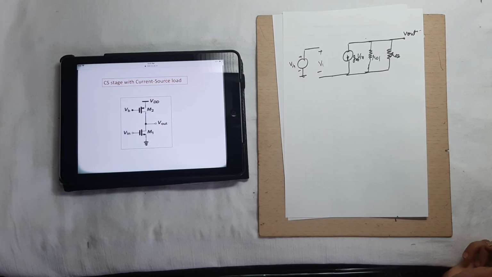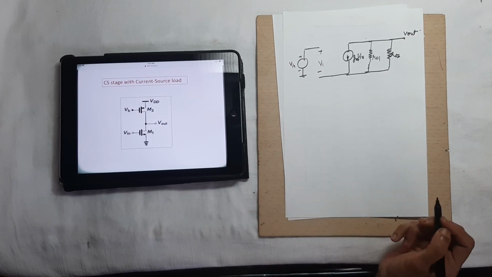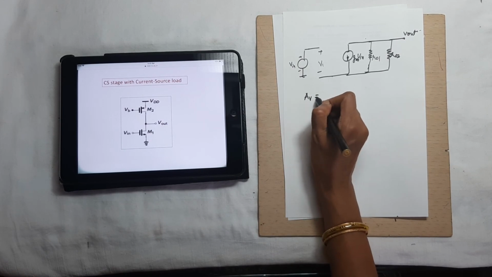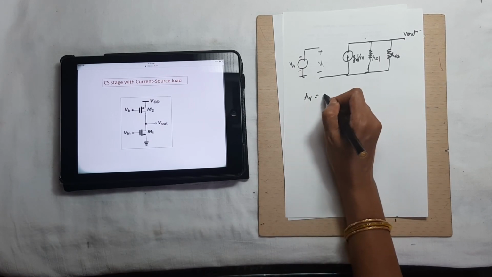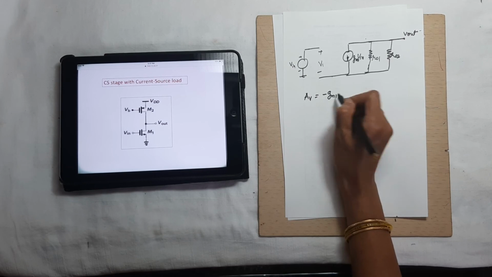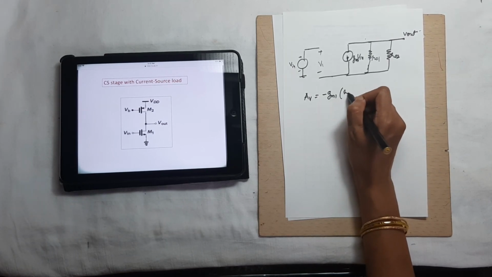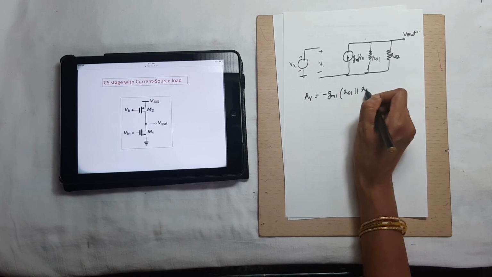So when we draw the small signal equivalent circuit, our voltage gain equation becomes very simple. AV can be written as AV is equal to minus gm1 into r01 parallel to r02.